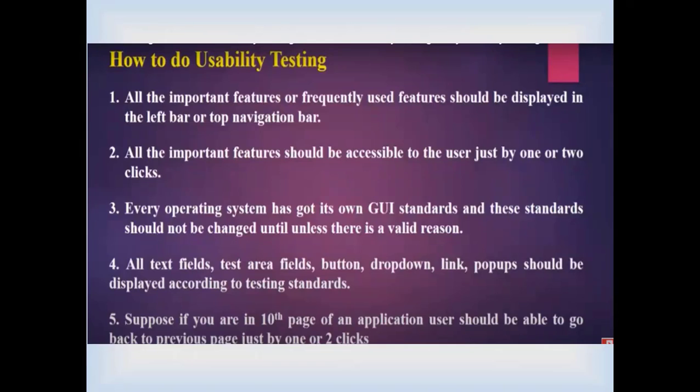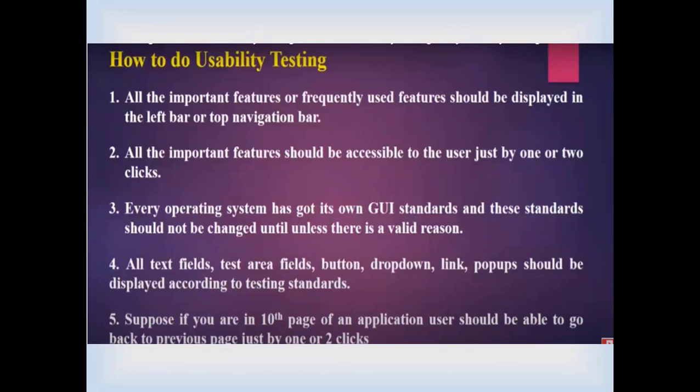Let's take the example of our learner app. In the learner app we can see some menus. Usability testing is about how usable it is for the user. The navigation bar will be on top, and the location is there. How effectively we can use it is what usability testing checks. An important feature is that the user has to achieve the task within one or two clicks.